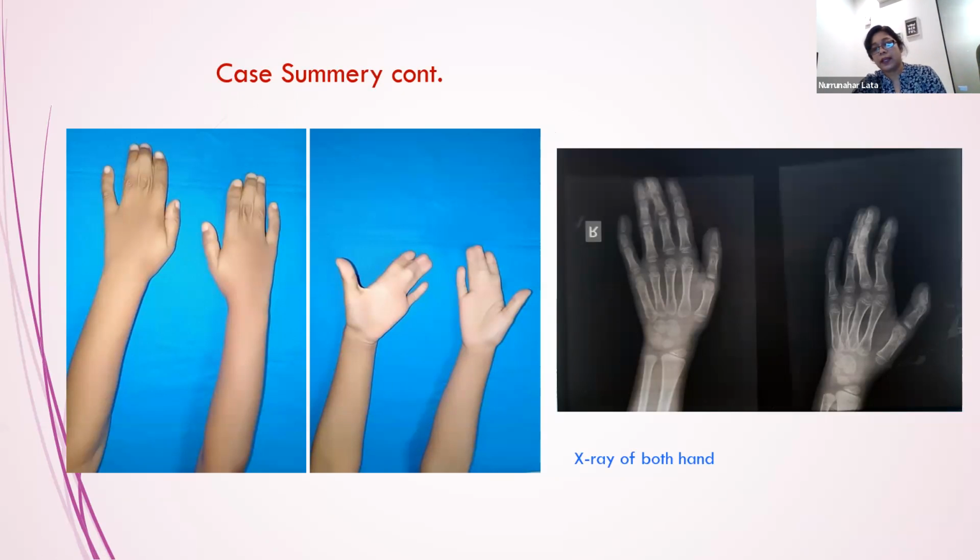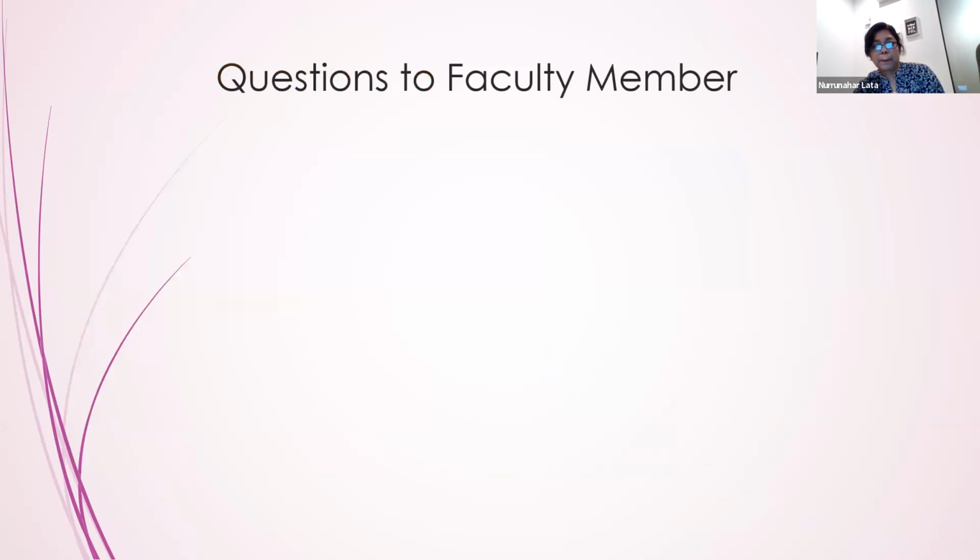We did a plain X-ray and there was no bony fusion. And I would like Mr. Rob Baines to comment regarding management of this baby. She presented late at the age of 6 years.